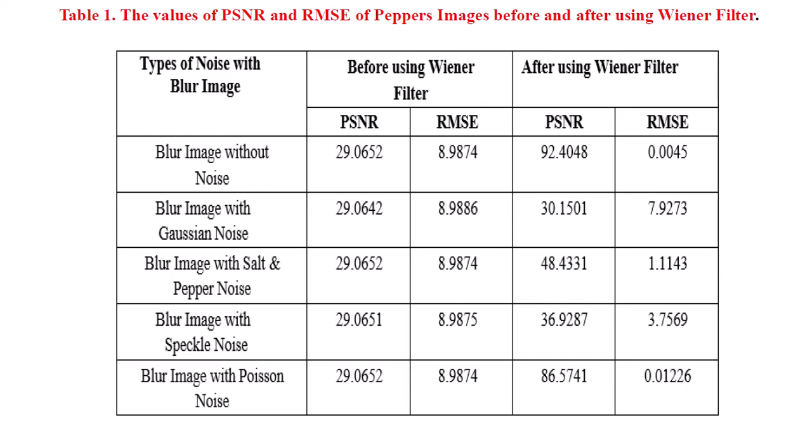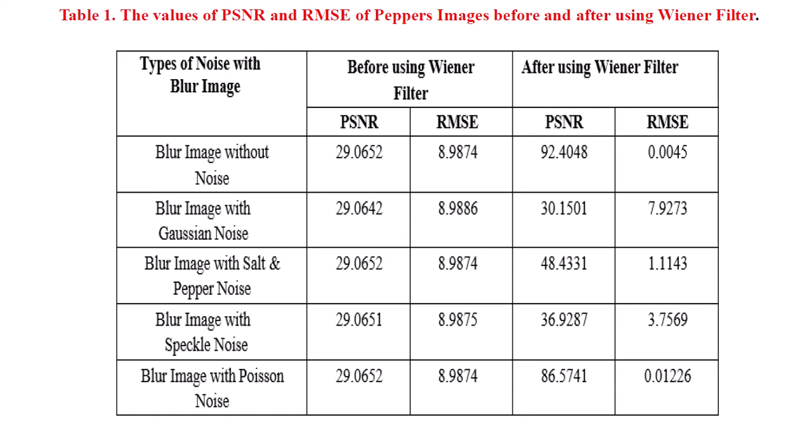We notice from this table the value of PSNR, which means peak signal to noise ratio, and MSE, which is mean square error, for paper image before and after using winner filter for these 5 cases.